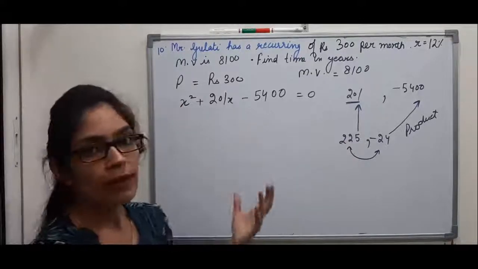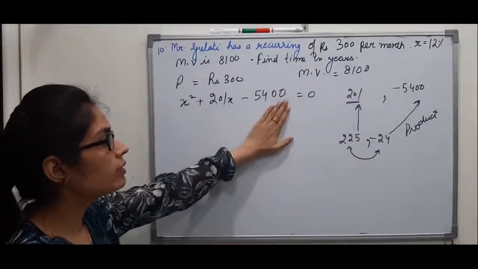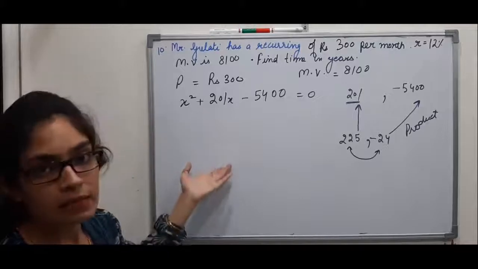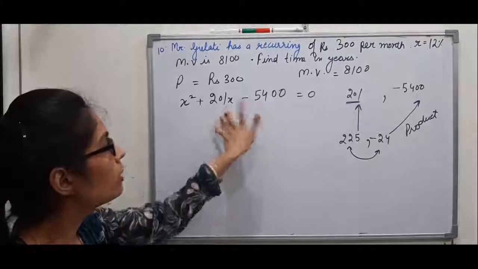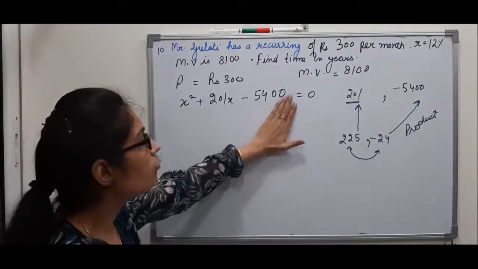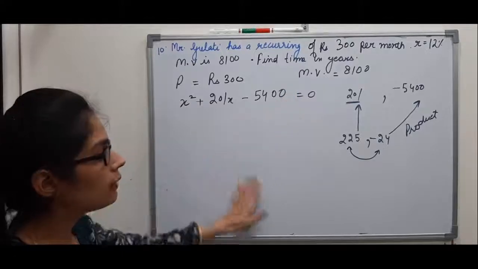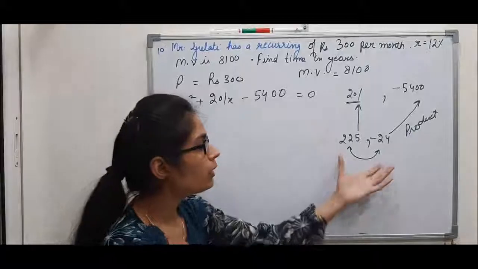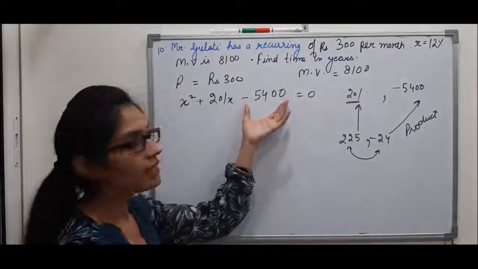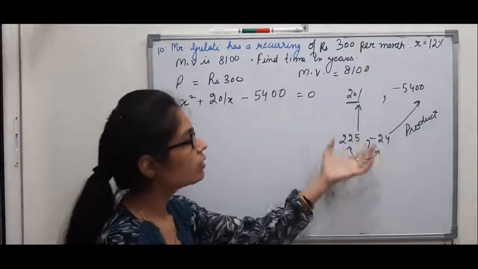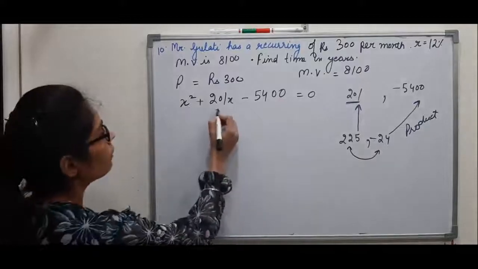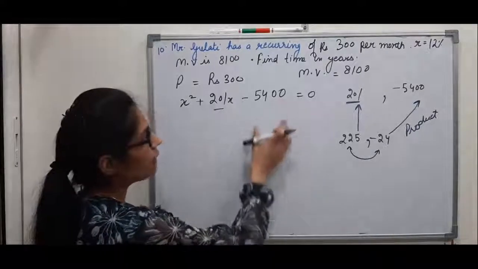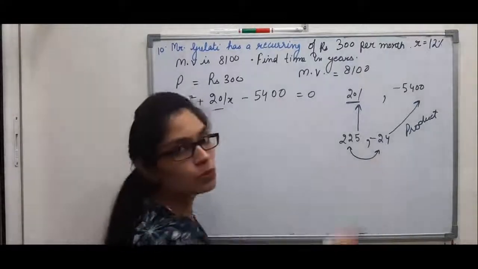If you do more practice, this factorization will be easy for you, because you have to choose the numbers. See, first of all, you have to make the factors of this number, and then you have to make a pair of any two numbers whose product will be equal to your C or third term, whose addition or subtraction is equal to the middle term. So after making factors, I chose these two numbers.